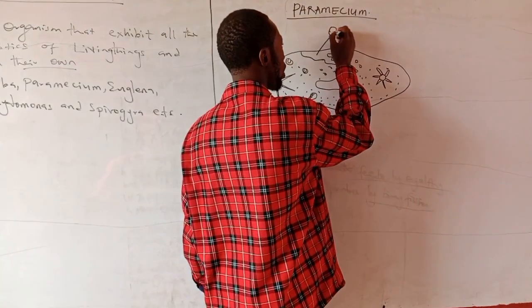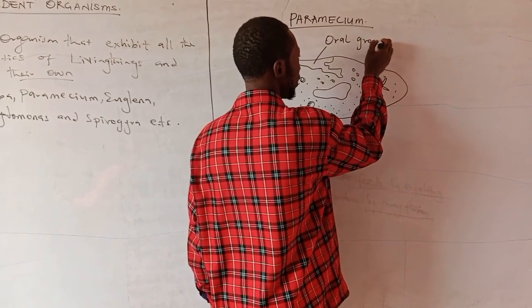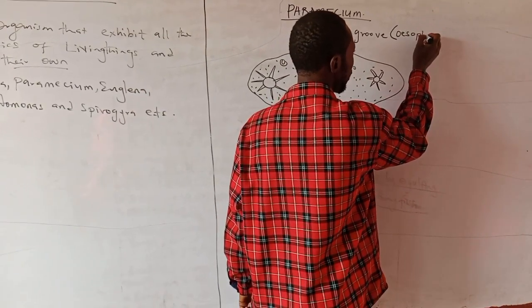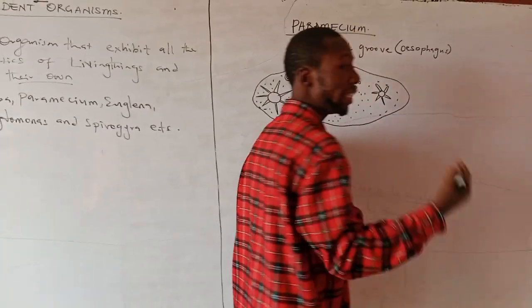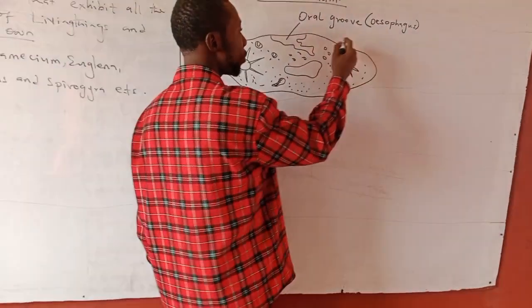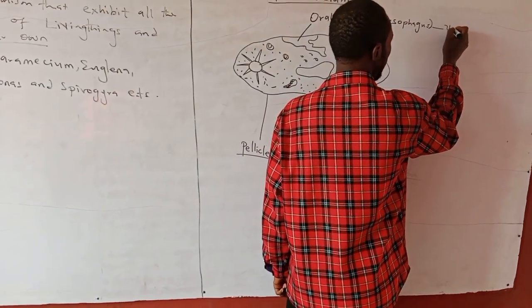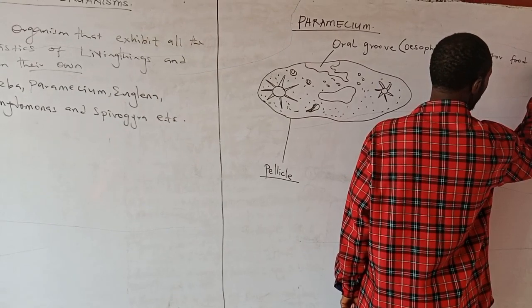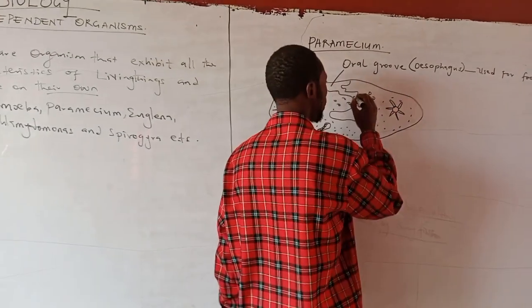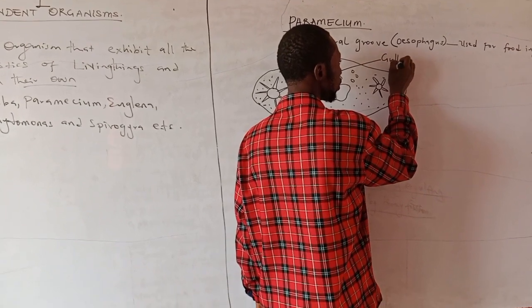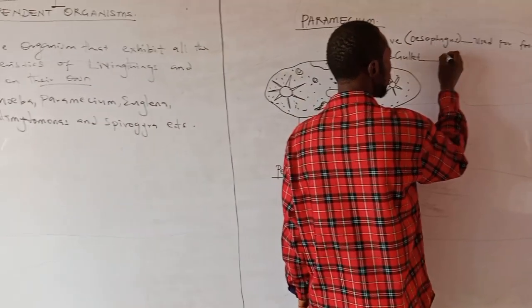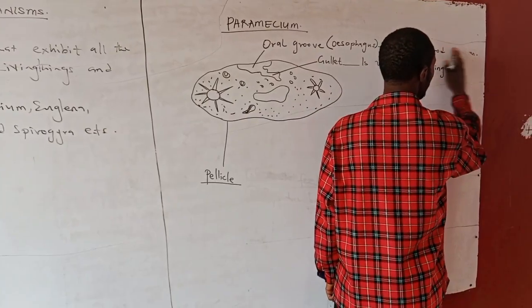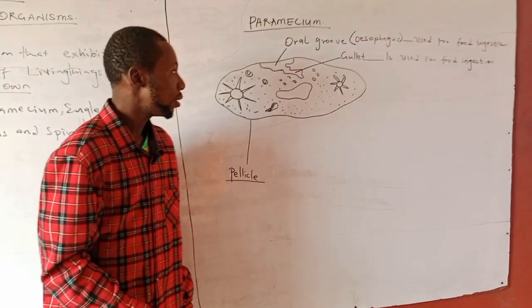This place here is the oral groove. This oral groove represents the esophagus in man. It is used for ingestion of food. Secondly, this part here is the gullet. The gullet is also used for food ingestion. This is food. Okay.